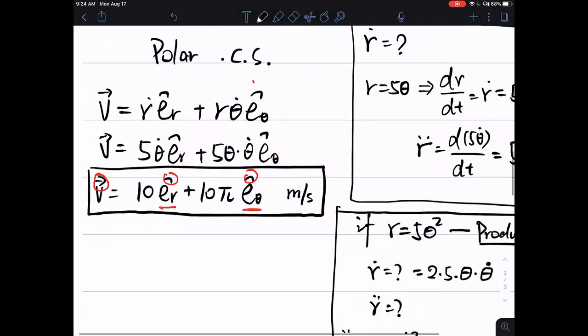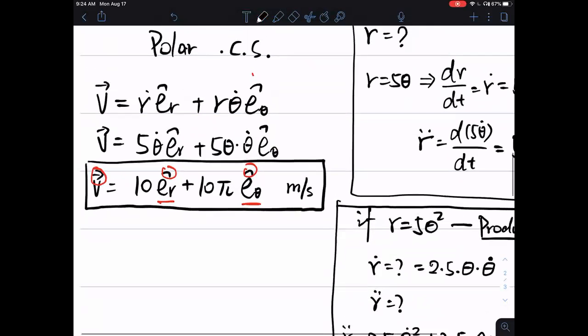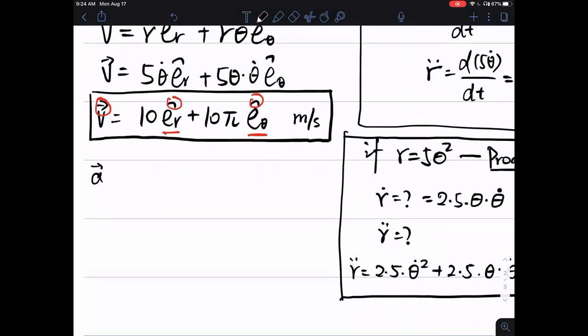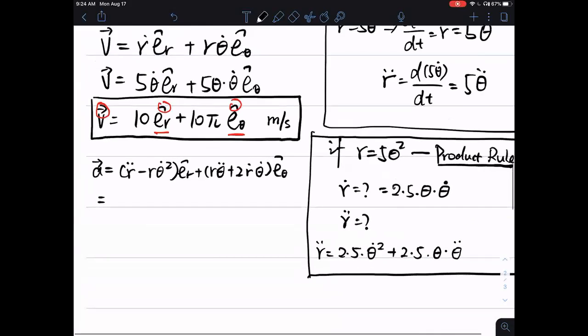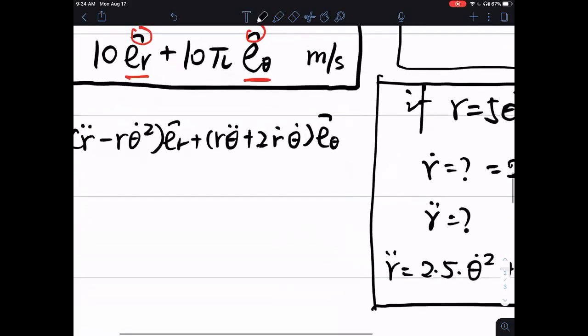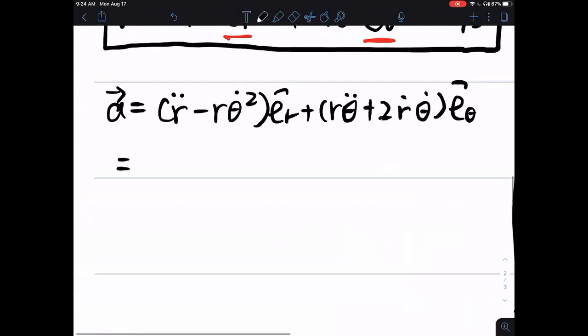Now let's follow the same drill for acceleration. First, we can copy the acceleration equation under the polar coordinate system. It's that very long equation. Let's look at what's inside this acceleration equation.